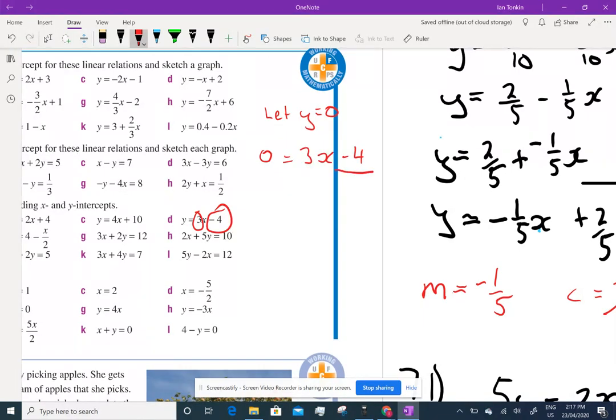To get this over the other side, I've got to change the sign of it. Okay, so 4. And did I say 3 over 4? 4 over 3, I should have said. Divide by the 3, 4 over 3. So change the sign of that, 4, divide by the coefficient of the x.